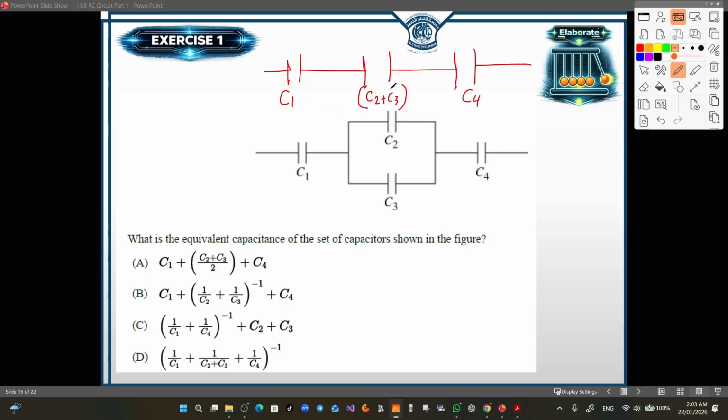Since the 3 capacitors are now connected in series, we just use one of the shortcuts to find the equivalent of this set. I will use 1 over C1 plus 1 over C2 plus C3 plus 1 over C4, all to the power of minus 1. That means D is the correct answer.